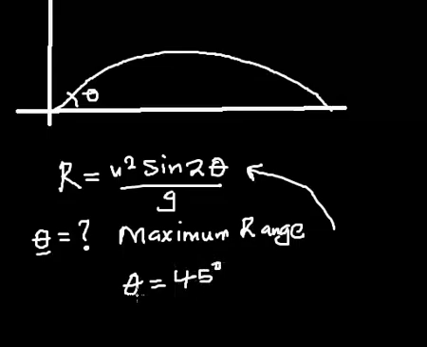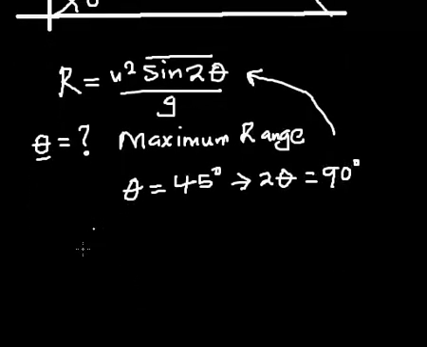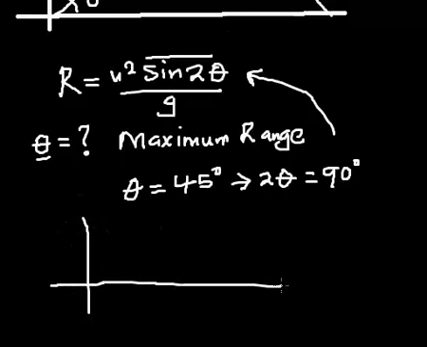Why? Because when theta is 45 degrees, 2 times 45 is 90 degrees. And the sine has its maximum value at 90 degrees.